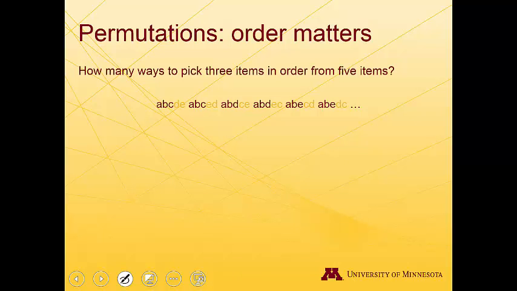That gave us an idea of how to compute all the possible orders of 5 objects. We just want maybe to pick a subset of those, maybe 3 items in order from 5 items. But our order does matter here. So as you can see, I can just start with the list of 120 arrangements of 5 items, but I can just throw away the last 2. But I've got some redundance here.